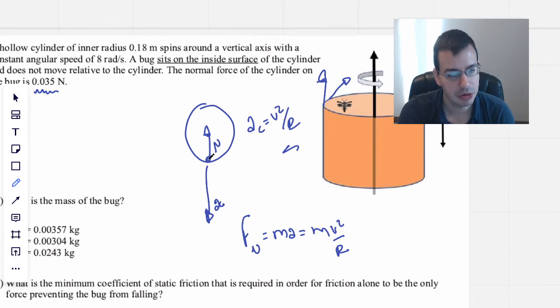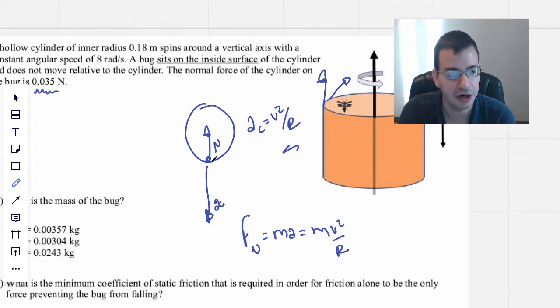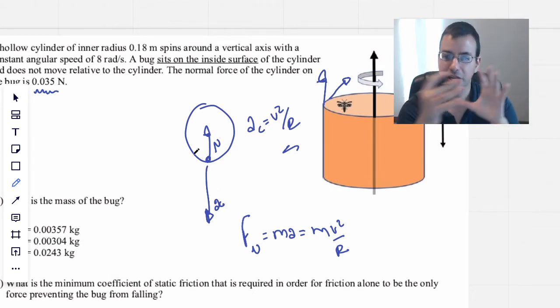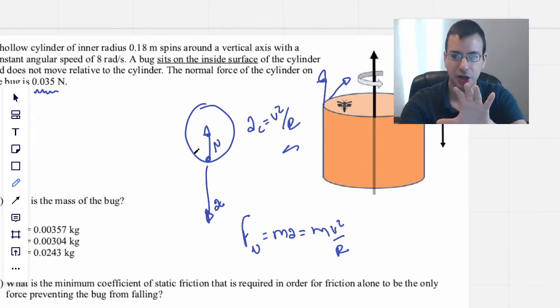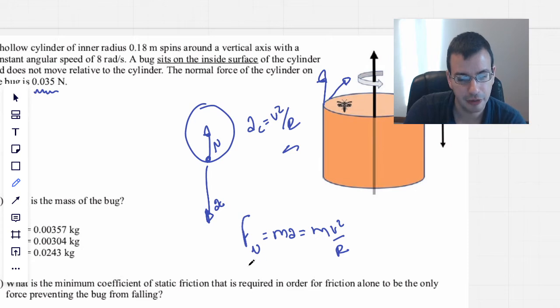The bug is being pushed out on the inside of the cylinder, and the normal force pushes back, making it not move inward or outward radially. So the normal force is mass times acceleration, and in this case acceleration is v squared over r.